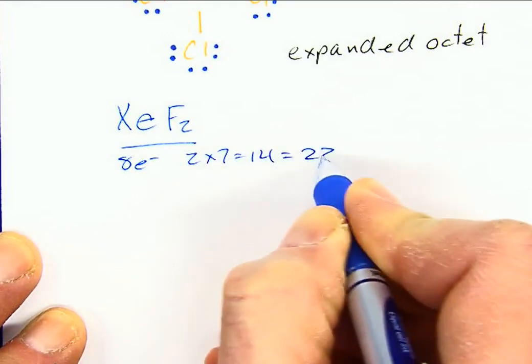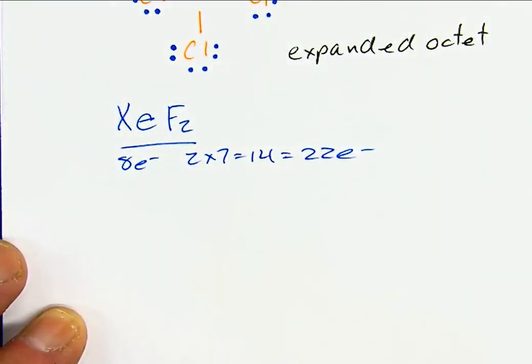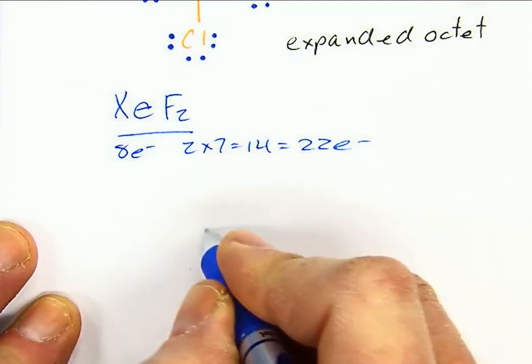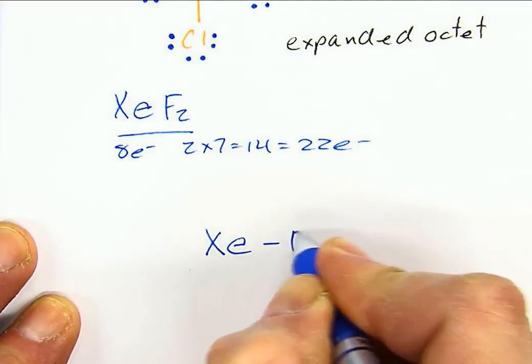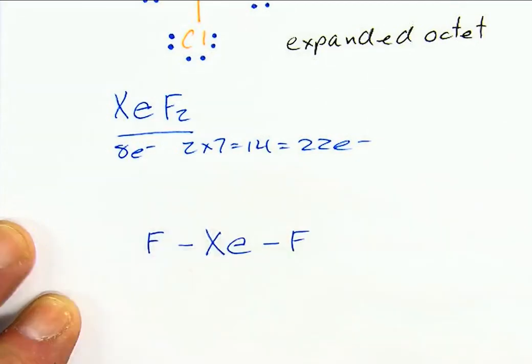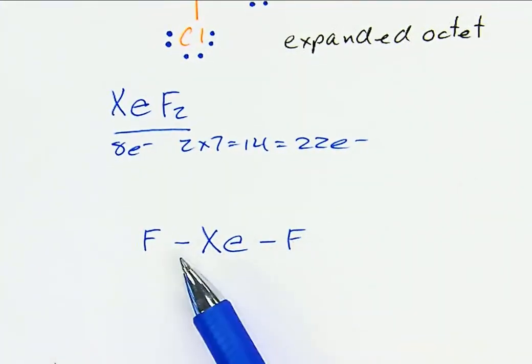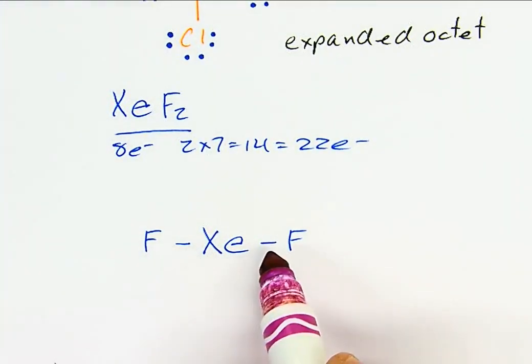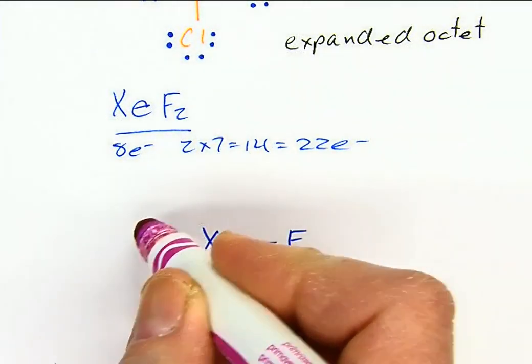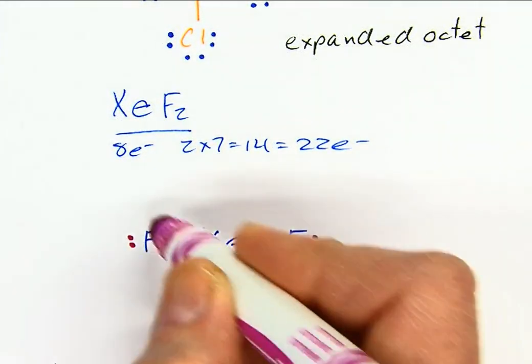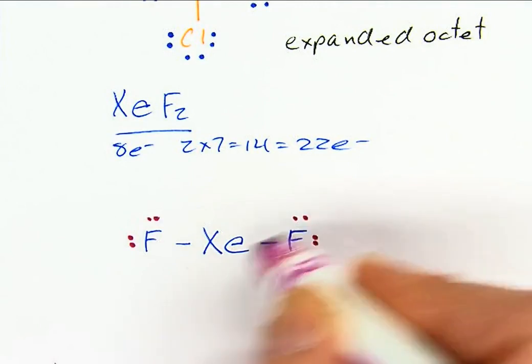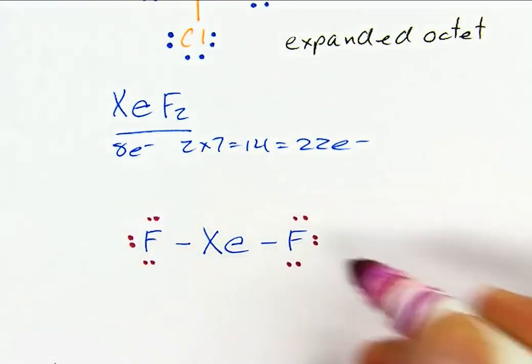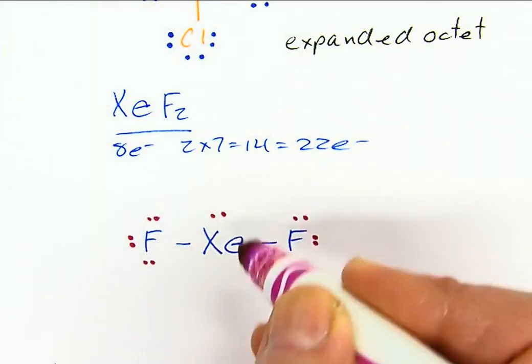So now we have a total of 22 electrons that need to go around this structure. So we draw xenon here and the 2 fluorines. We now have a total of 4 electrons, and we need to get up to 22. So let's just color those in. So we have 2, 4, and then 6, 8, 10, 12, 14, 16, 18, 20.